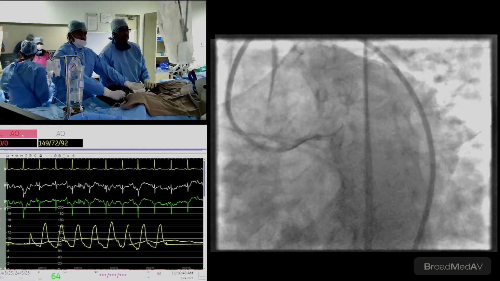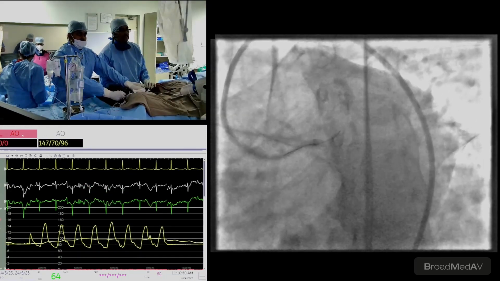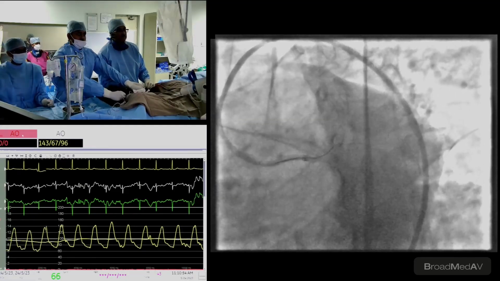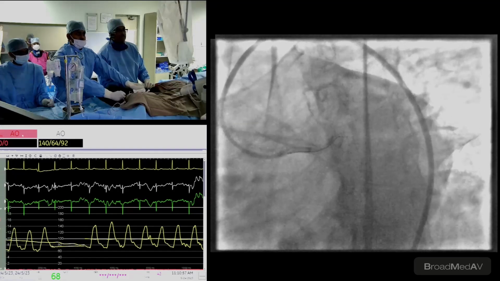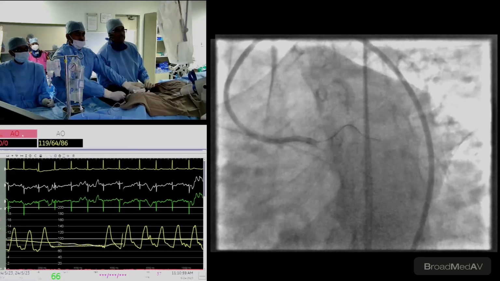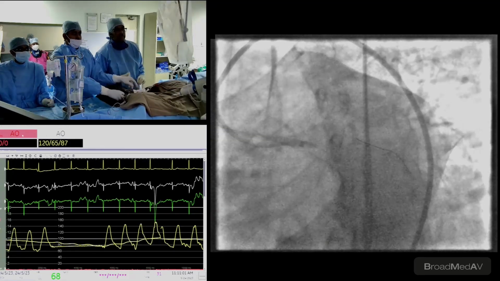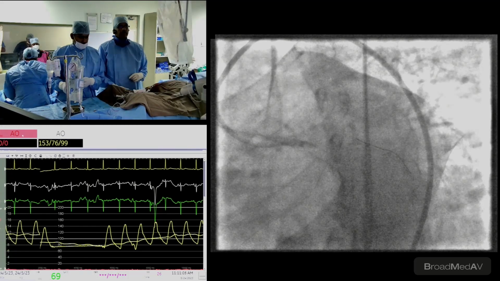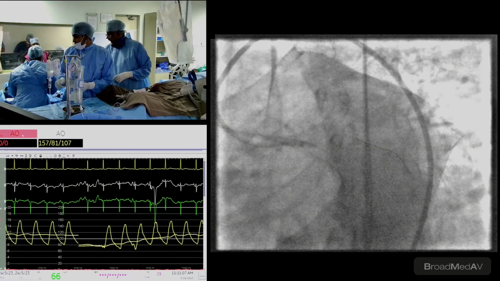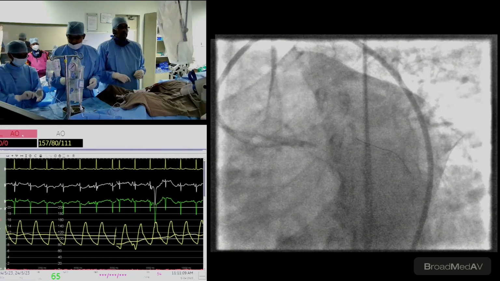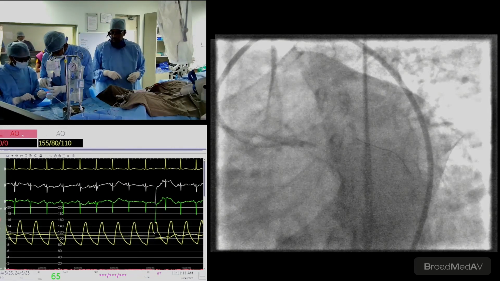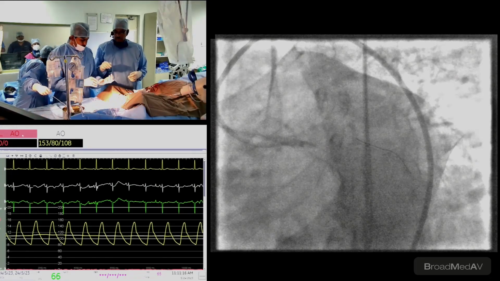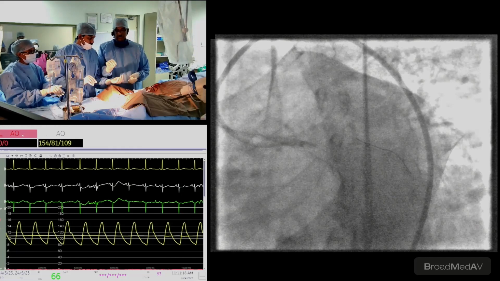You can see how the wire is selecting to go down. We will take a BMW. Yeah, just give me that BMW wire. Give a sharper curve. Keep that in the circ anyway. Nice curve. Okay.